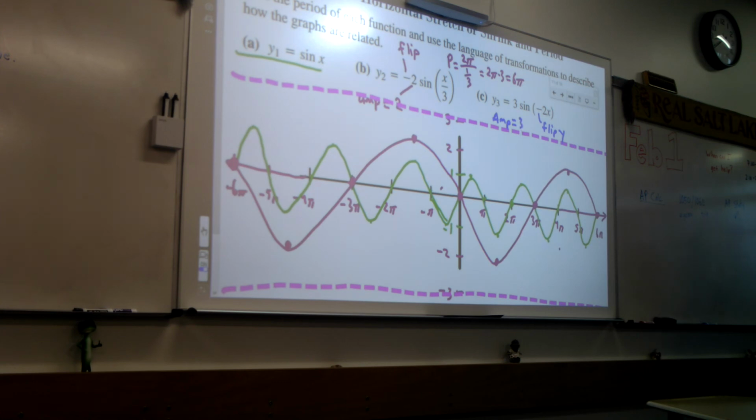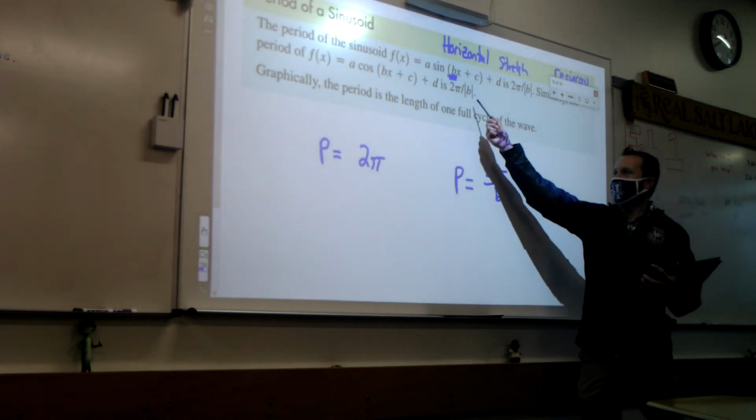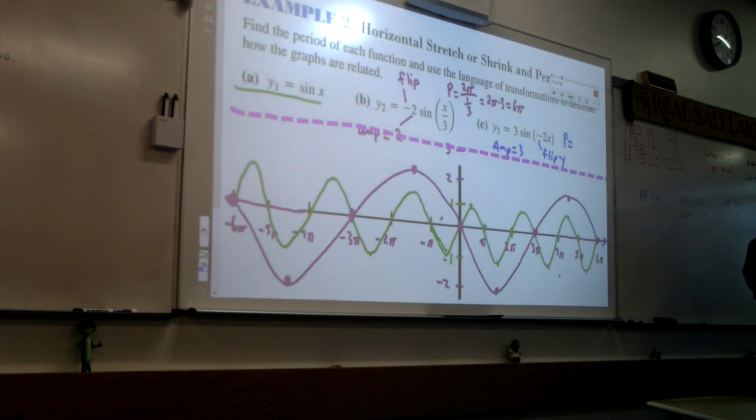Okay? And then lastly, guys, let's do this one together. For the period, if you look back at our notes here, you do 2 pi over the absolute value of b. So the negative isn't going to make a change, right? We're just going to do 2 pi over 2, which is what? Now, what does that tell us?